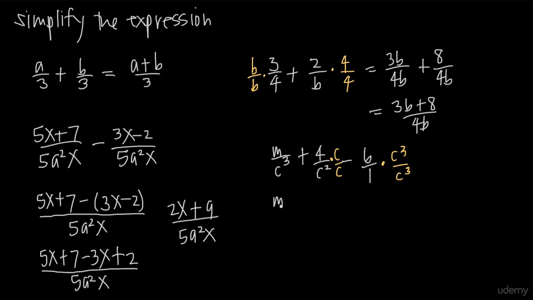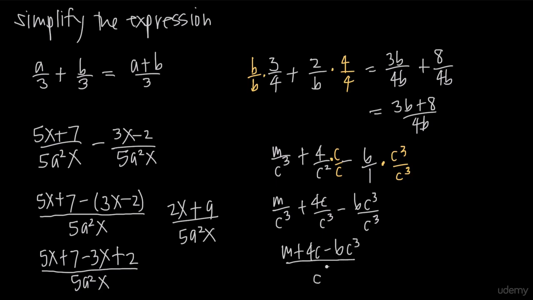So writing this back out, we get m over c cubed plus 4c over c cubed minus 6c cubed over c cubed. And now we can go ahead and combine the fractions into one. So we'll get m plus 4c minus 6c cubed all over c cubed.